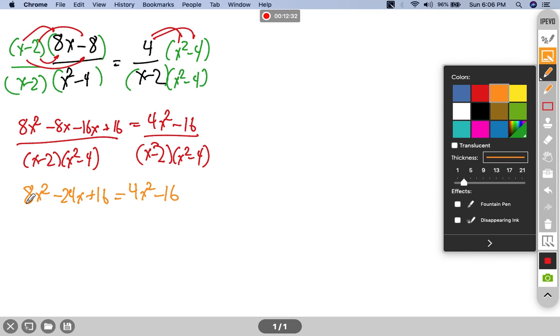I look at my leading term, 8, 4. That's the smaller, so we're going to move that over. And I'm also going to move this 16 over, because we're dealing with a quadratic. 4x squared minus 24x plus 32 equals 0.